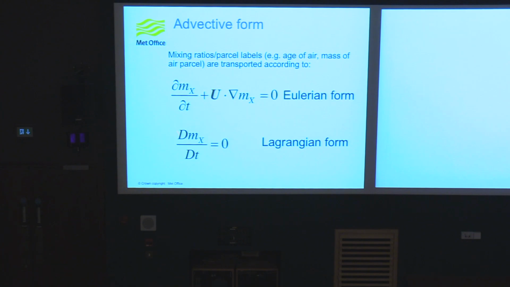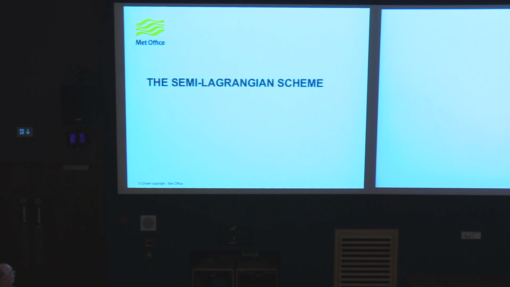And again, we have 2 forms. We have the Eulerian form, where now that divergence form becomes simply an advection form, u dot grad. Or in the Lagrangian form, we have this very simple, very nice equation that simply says the Lagrangian rate of change of the mixing ratio is 0. So that's just some background to the equations.